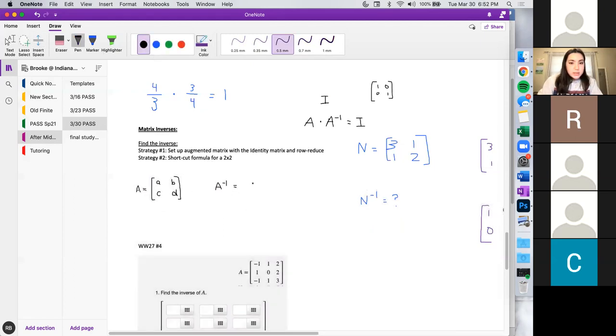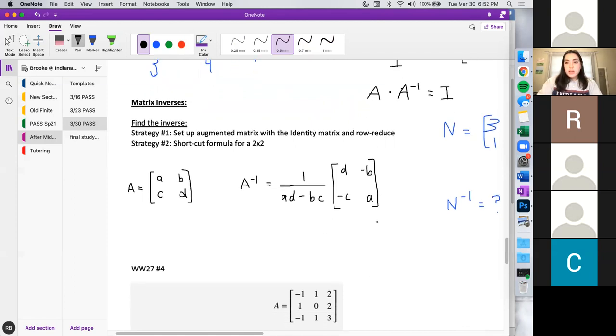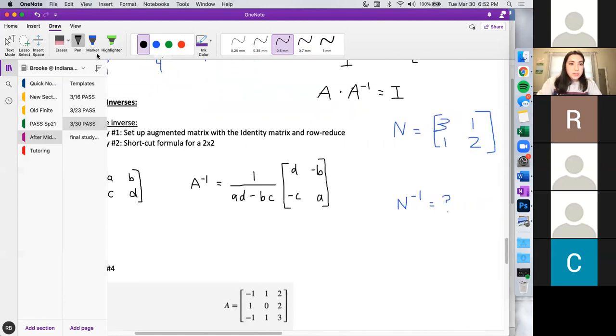The shortcut is 1 over A times D minus B times C, times flip D and A, make B and C negative. All right, so this is the shortcut. If I wanted to, I'll use this N again.